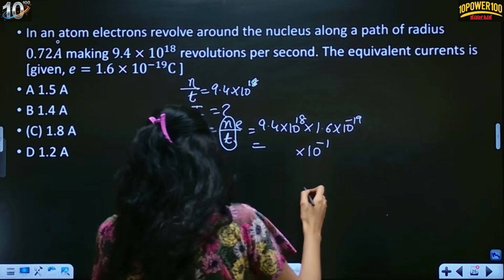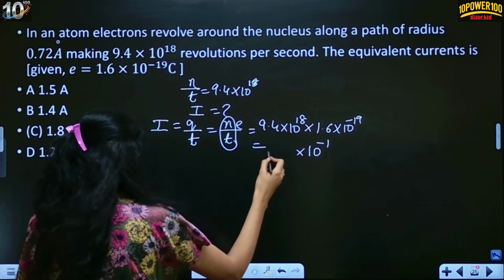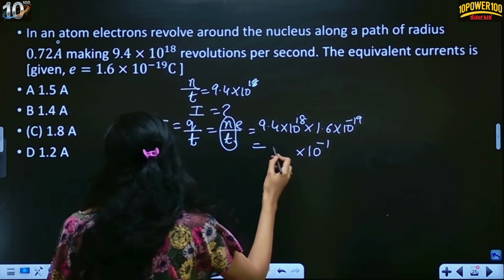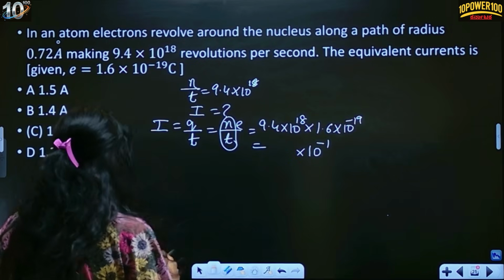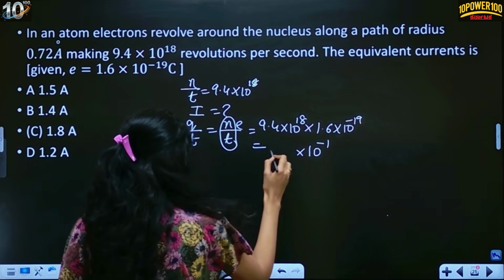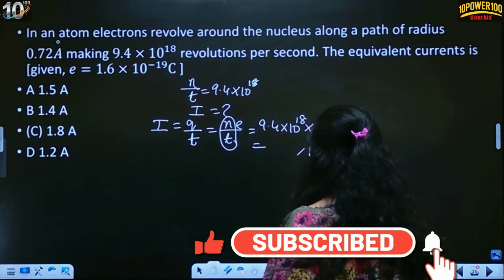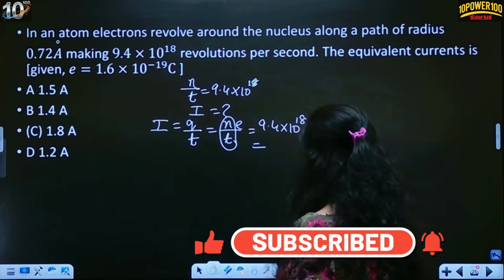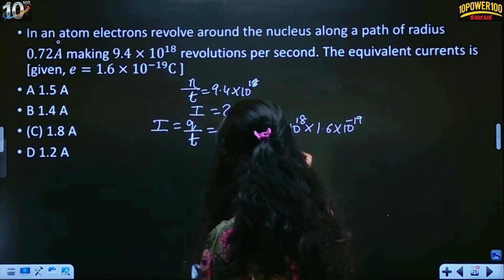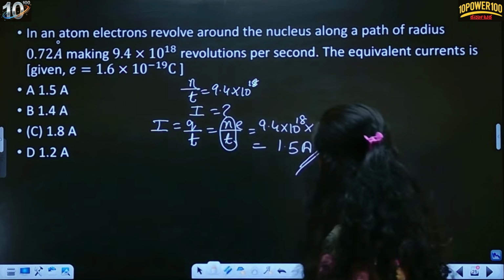So finally you can directly write it over here: 9.4 into 1.6. Finally you will get something around 1.5 ampere. That's it.